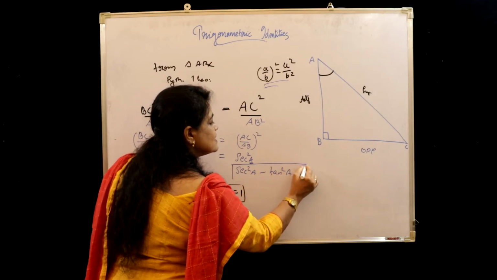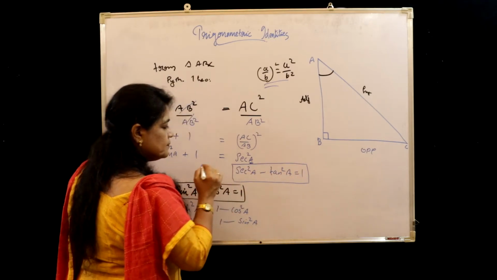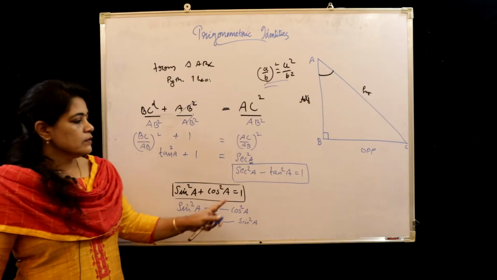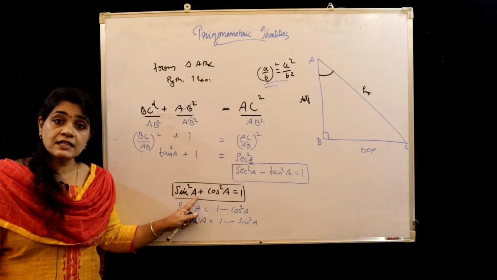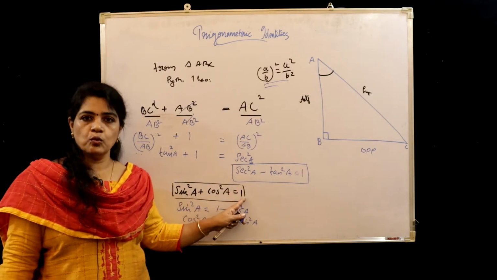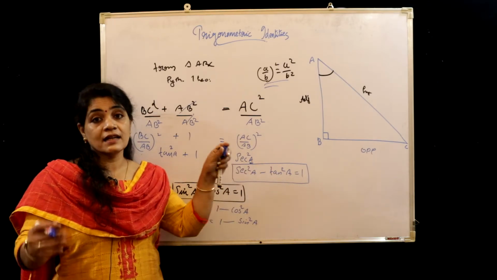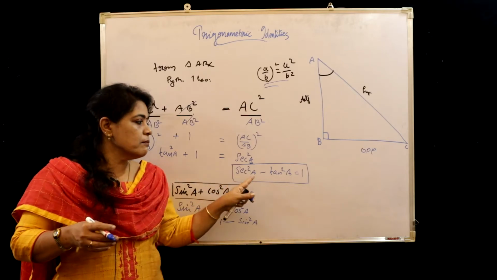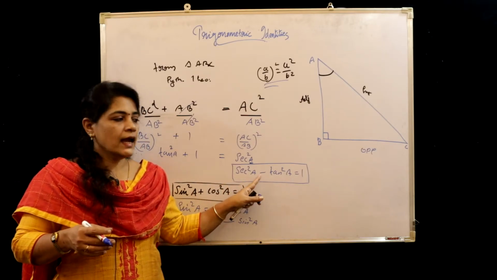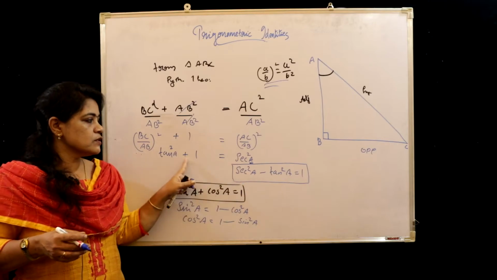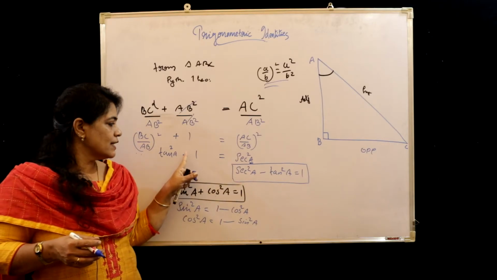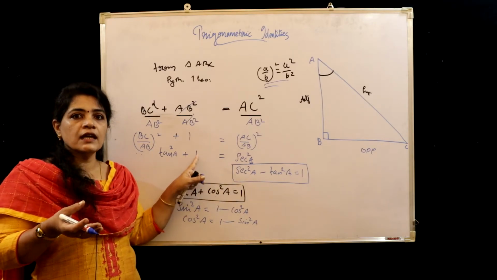This is the second identity. Okay, so we have the first identity, sin square A plus cos square A equal to 1, and the second identity, sec square A minus tan square A. The ratios are connected by a minus sign. Okay, and we got this from this, so this is the first result, that is 1 plus tan square A equal to sec square A.